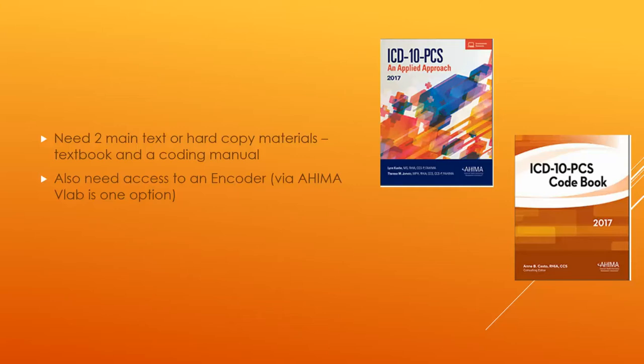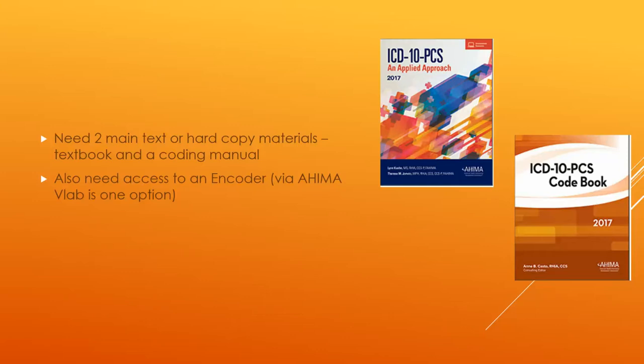This semester, the American Health Information Management Association has provided the ability for students to purchase just the encoder at a reduced cost. Previously, the cost was $110 or $130: $110 if you bought your AHIMA VLab access from AHIMA, and if you bought it through the college bookstore, it was $130.